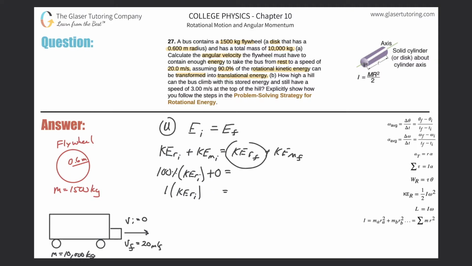So now the final value. Now remember, it goes back and it says assuming 90% of rotational kinetic energy can be transformed. Okay? Pretend instead they're talking about money. And you have $100 and 90% of those $100 are going to be transferred into somebody else's bank account.